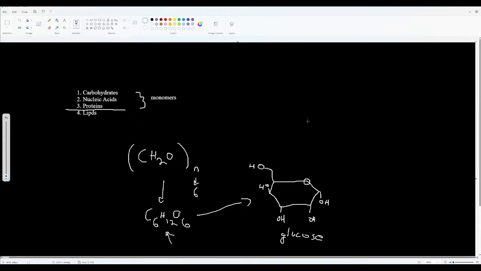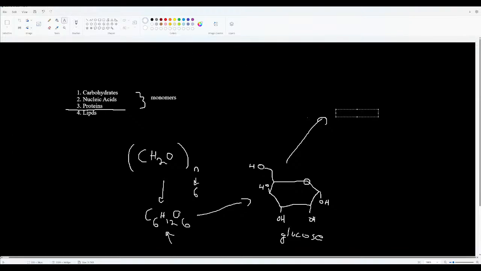But there's something I do want to emphasize about carbohydrates, right? And that is the type of polymers that they can make. So when we get a bunch of glucose in a straight line, a couple things can happen, right?